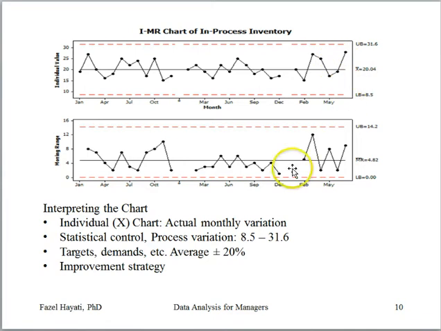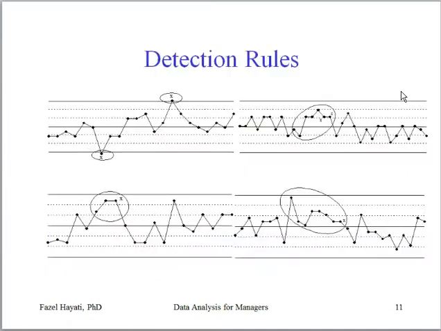If we want something narrower than that, then we have to work on the process to narrow the variation in this process, and that would be our improvement strategy. Or perhaps this average is too high and we want to reduce that average rather.